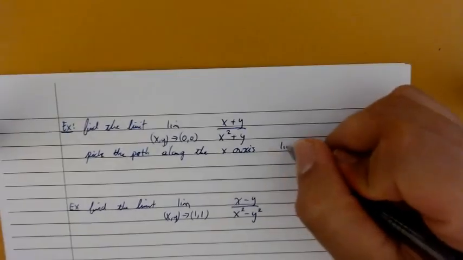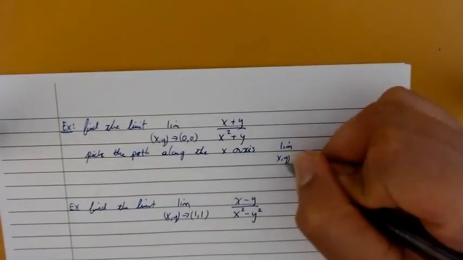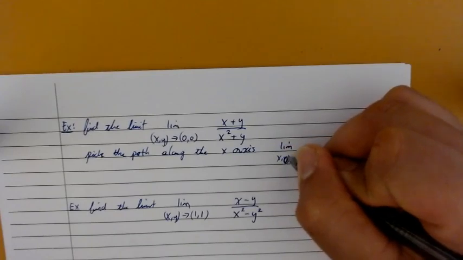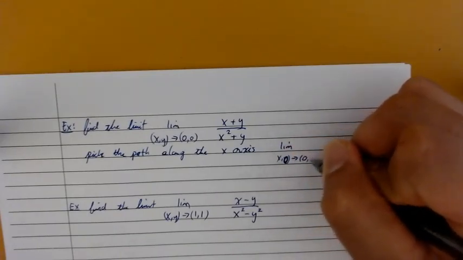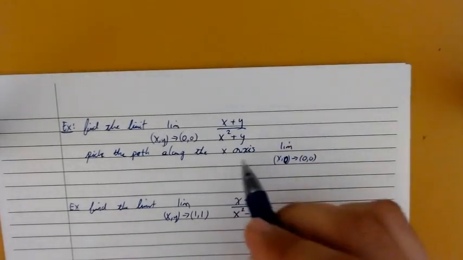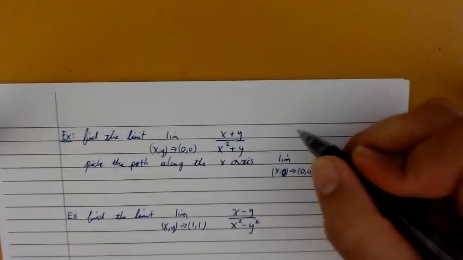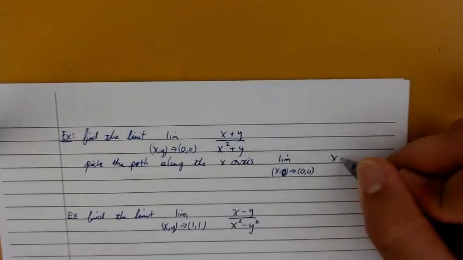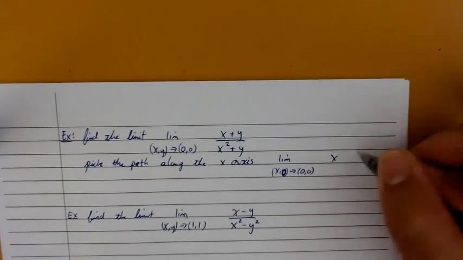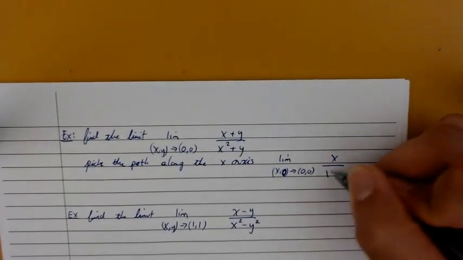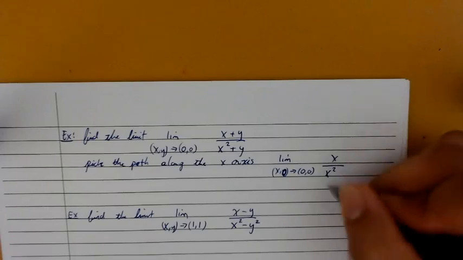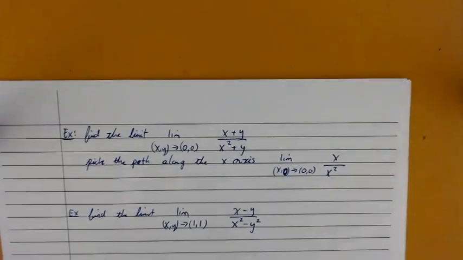So here I'll get the limit as (x, y), (x, 0), approaches (0, 0). Here I want to be on the x-axis, so y is a constant 0, of x plus 0 over x squared plus 0. I just write x over x squared.